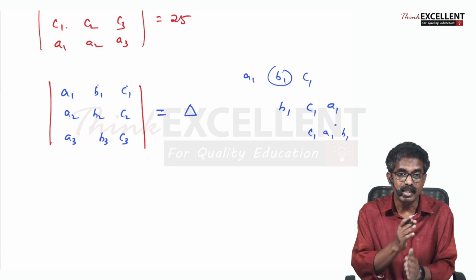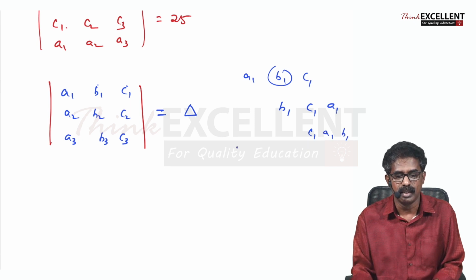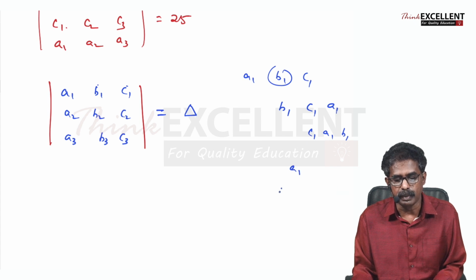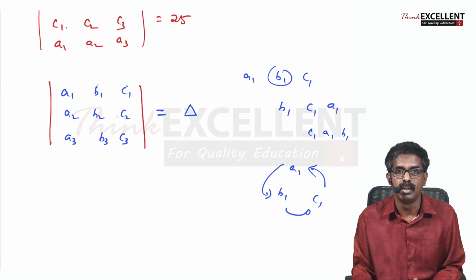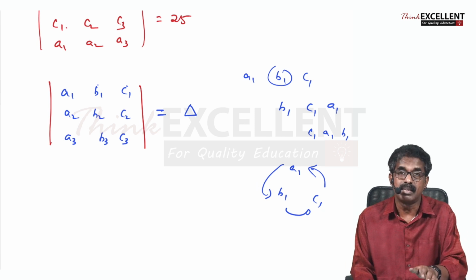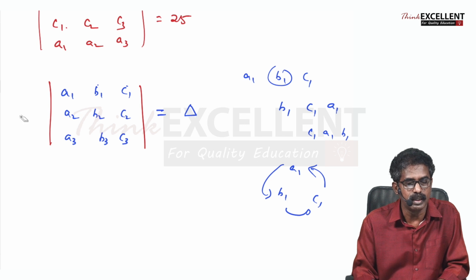That is, cyclically you are rotating. So A1, B1, C1, or if you start with B1, B1, C1, A1, or with C1, C1, A1, B1. The value won't change. Its value is still delta.